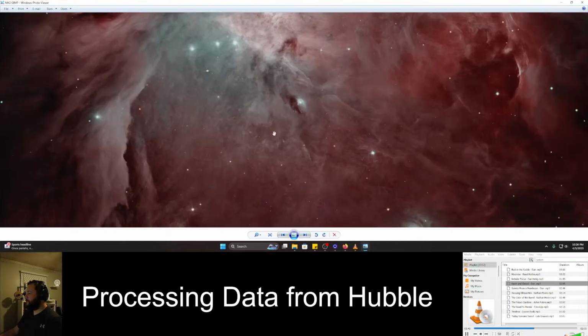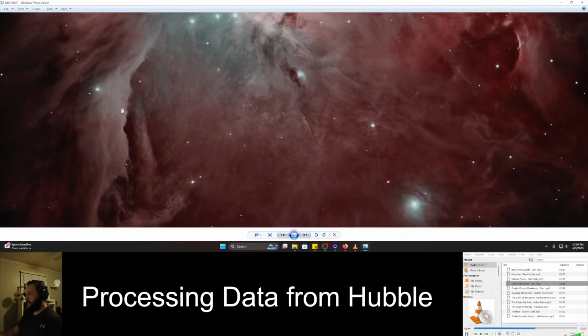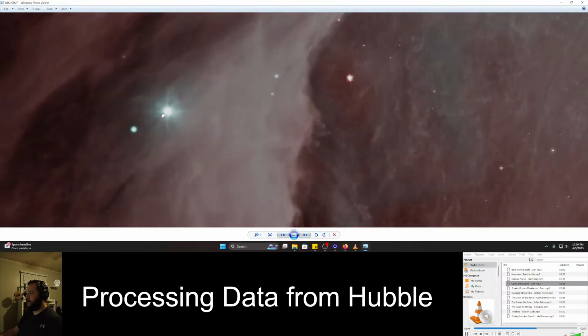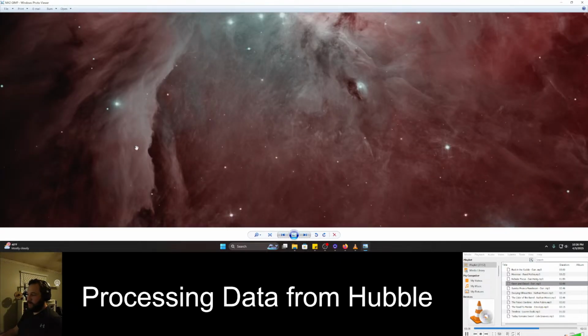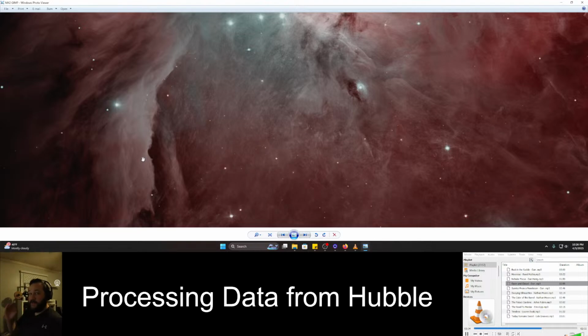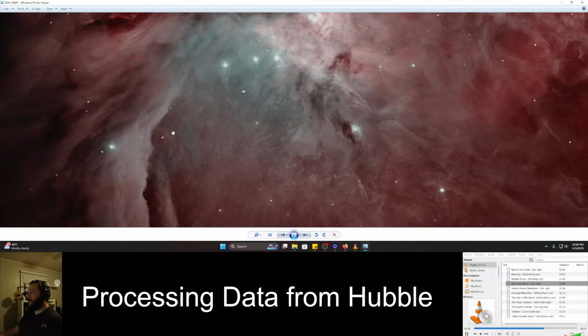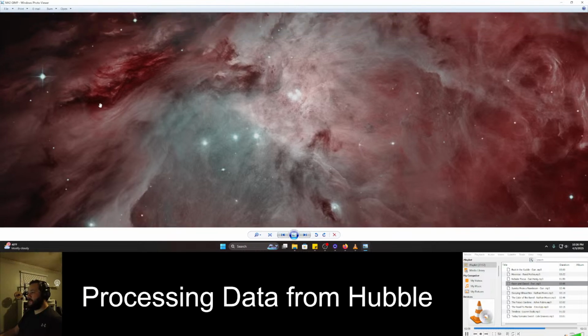Now, this wall here, I think, is partially reflecting off of the star. When you look at this portion of the nebula through a telescope with your eye, you can see this wall. And you can see these dark parts right here.